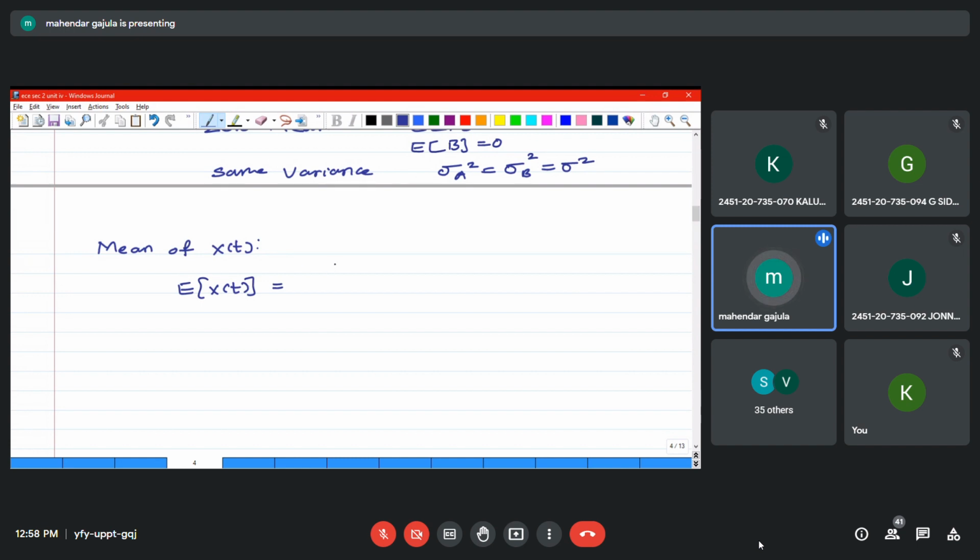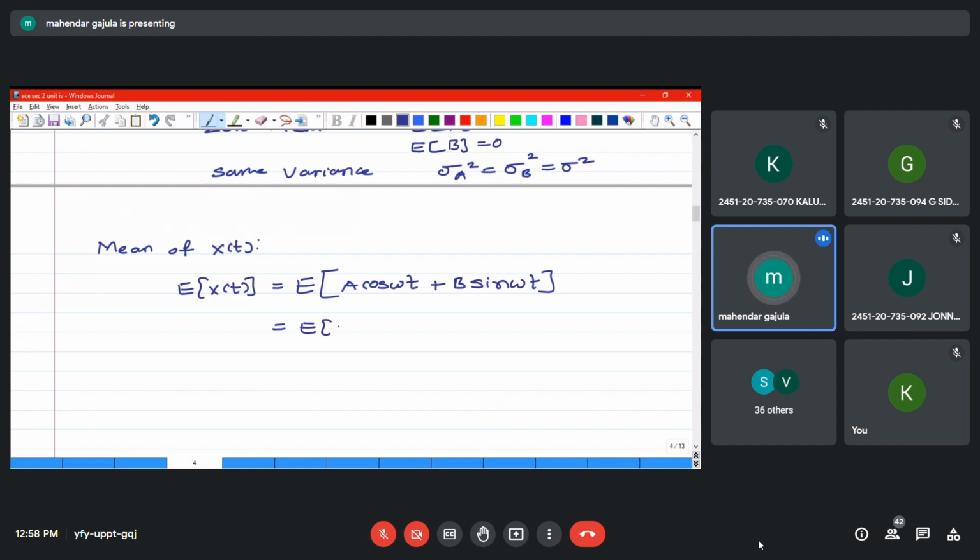Mean means expectation of xt, right? So expectation of a cos omega t plus b sin omega t. Expectation is always applied on random variables.